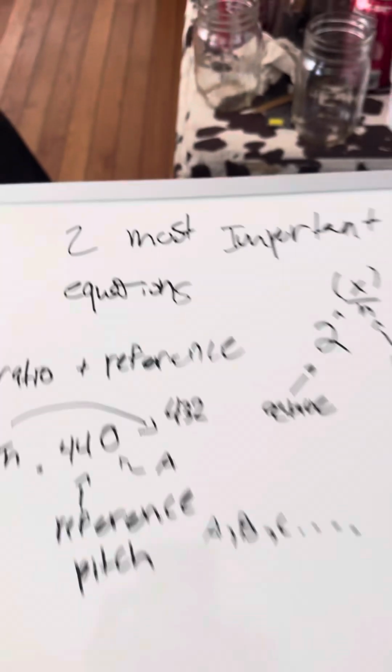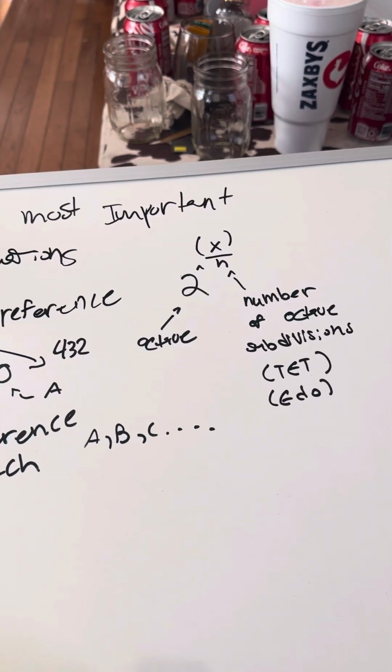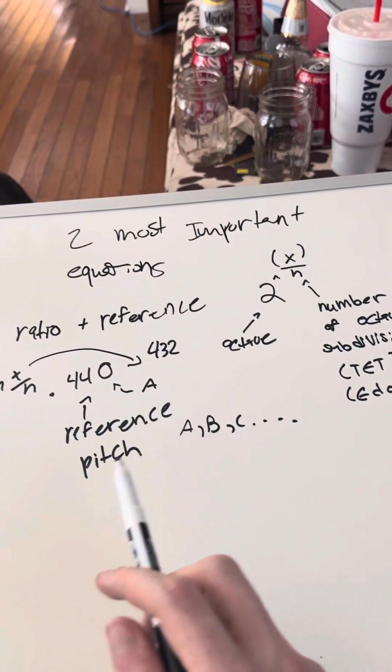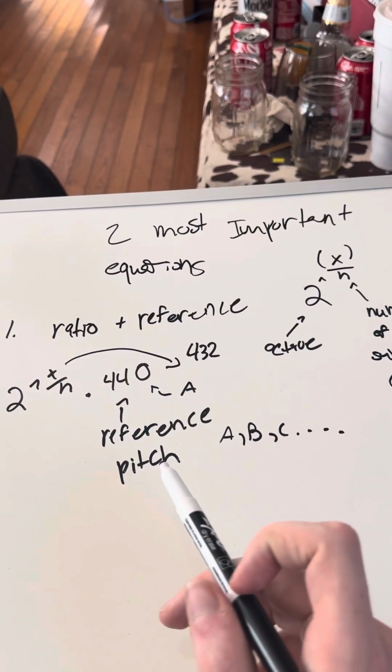Now, I'll zoom out too at the end of this video so it's not just crammed. But ratio plus reference pitch, what this is going to do is essentially generate a scale.